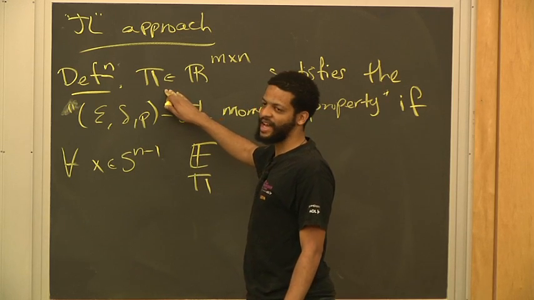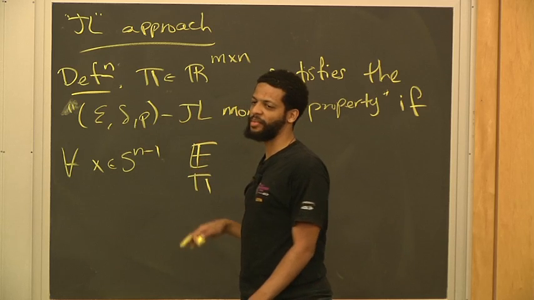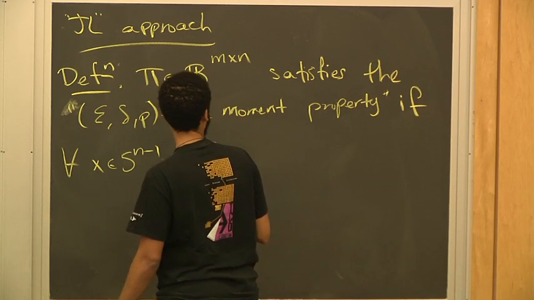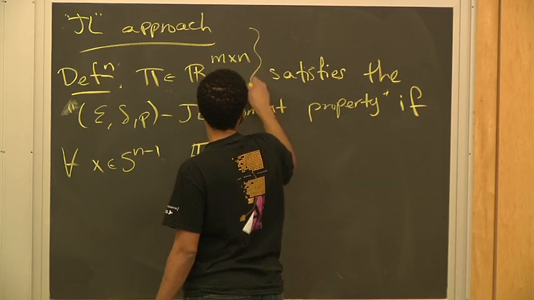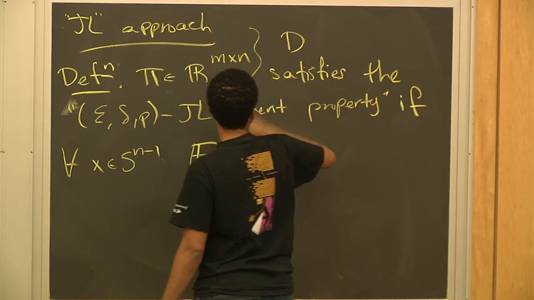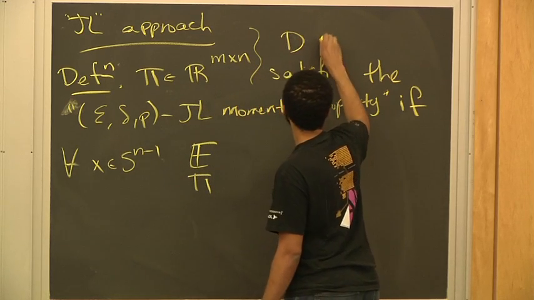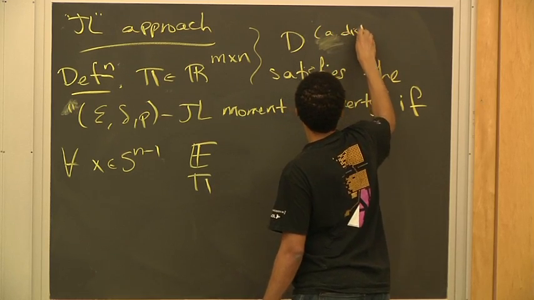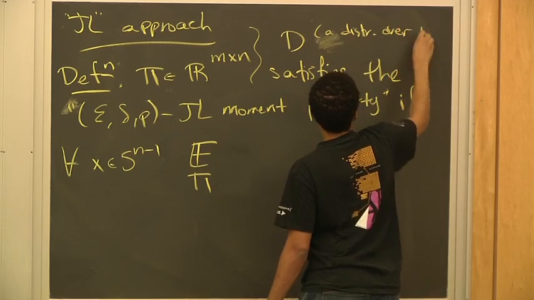I should really say that pi is not a fixed matrix. D is a distribution over pi's.